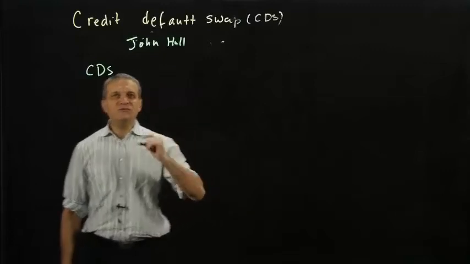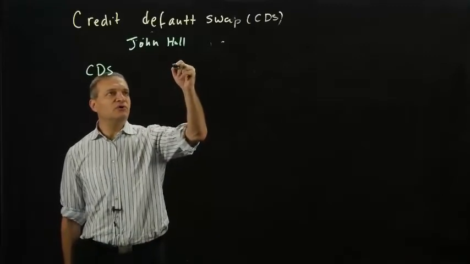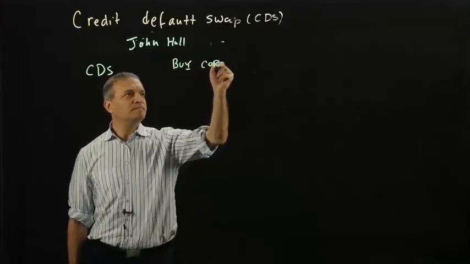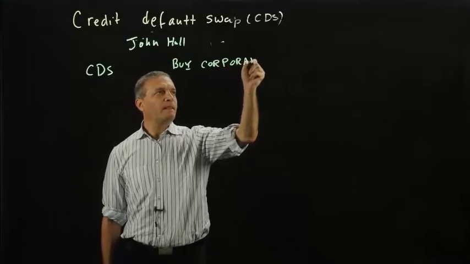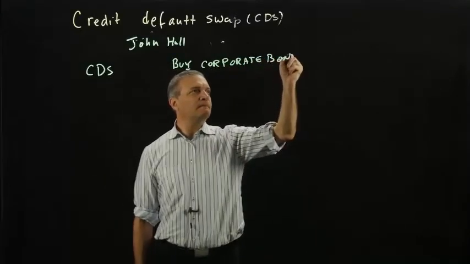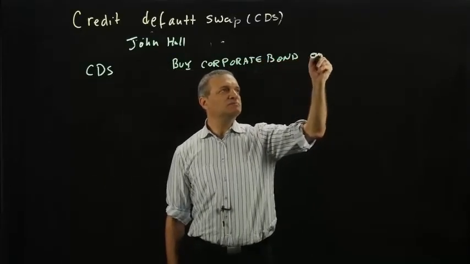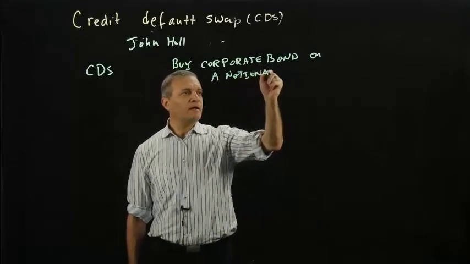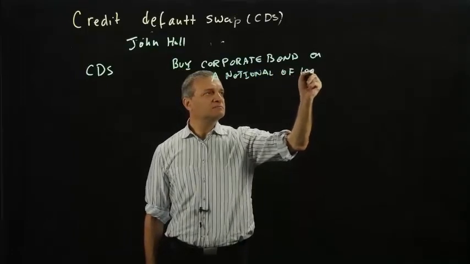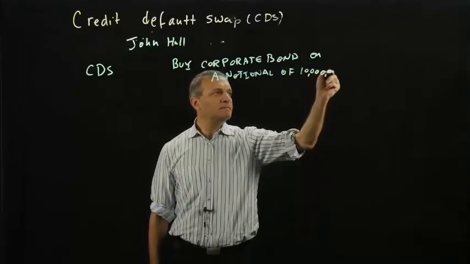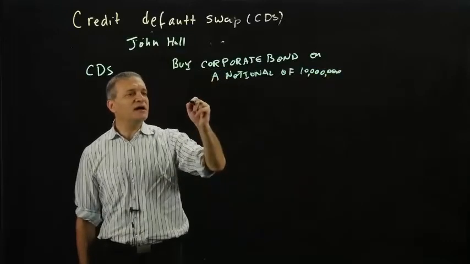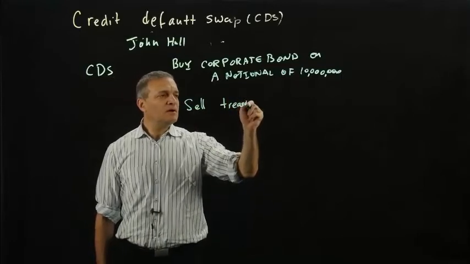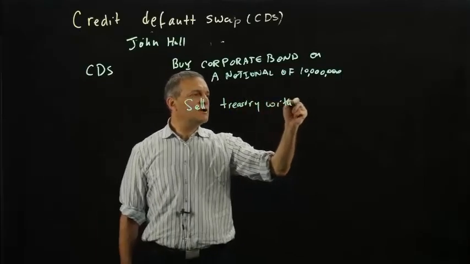So here we are going to create a portfolio where we buy a corporate bond, let's say on a notional of 10 million, or principal of 10 million. And we are going to sell a treasury with the same maturity as this bond.